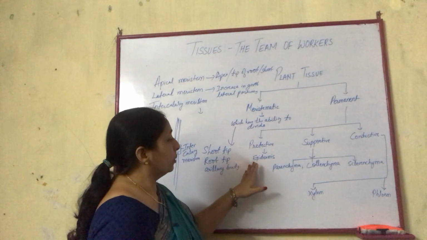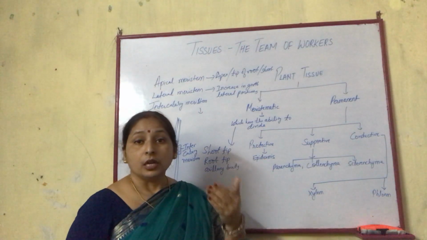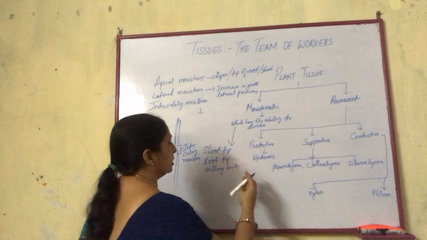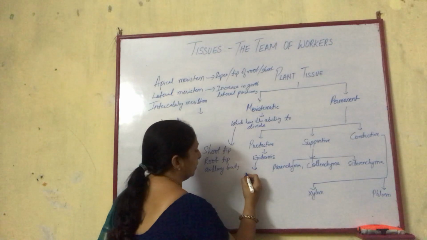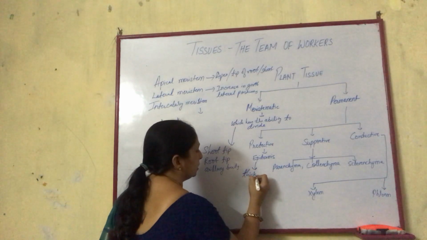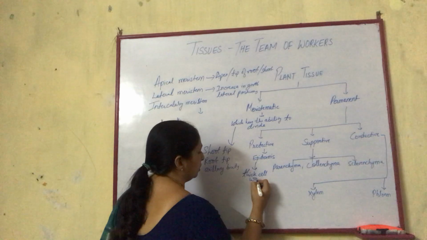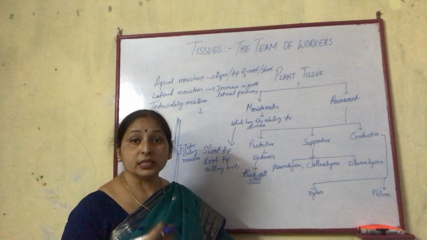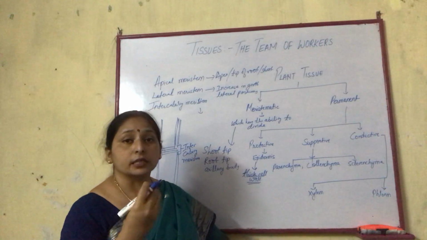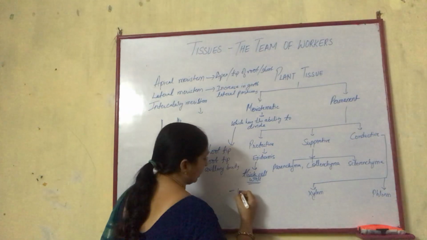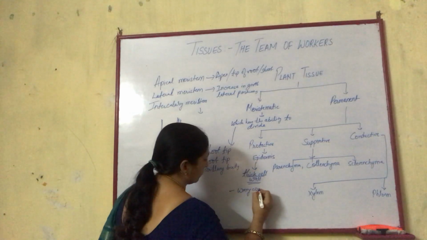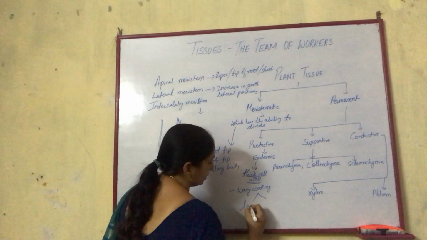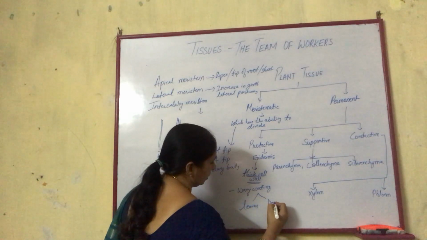So when there is a requirement of a hard protective layer, the cells have a thick cell wall, or the cells of these epidermal layers secrete certain substances like a waxy coating, secreted by leaves and bark.